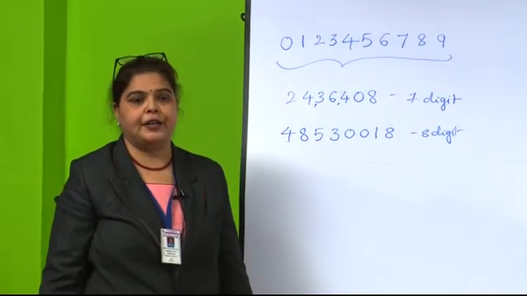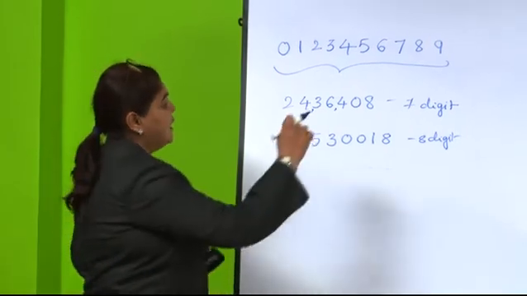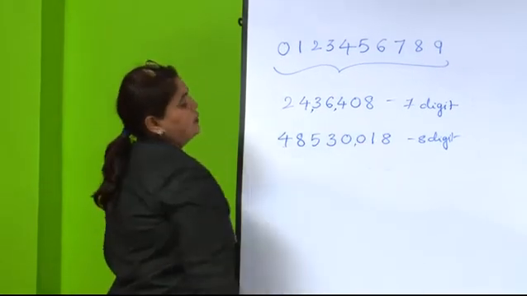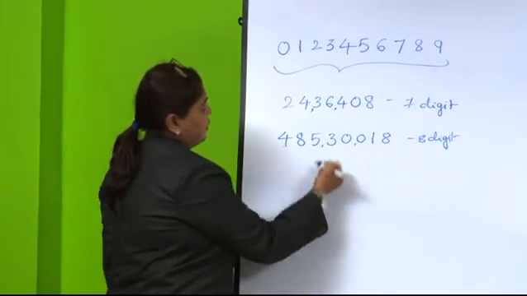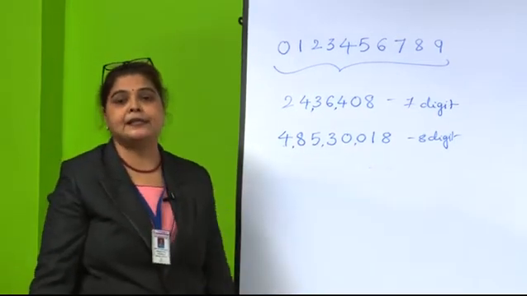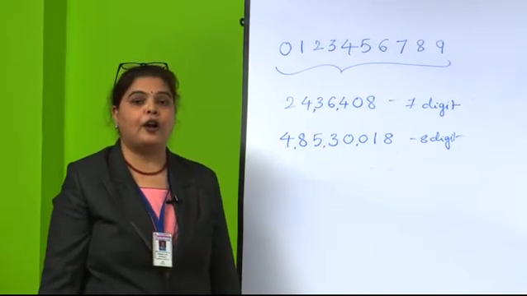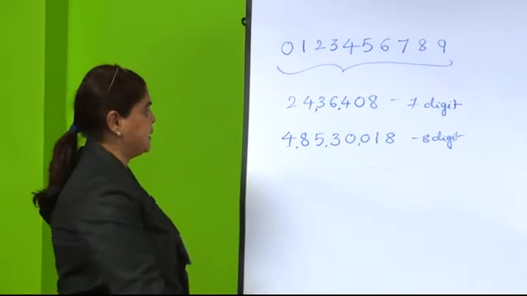I also can't read this, because before writing or reading I have to insert a comma after 3 digits, then after 2 digits, then after 2 digits. Now I can read this number and write the number name, because you already learned this in your previous class.